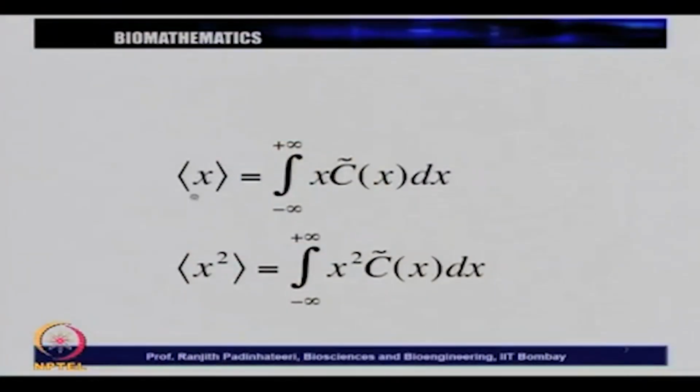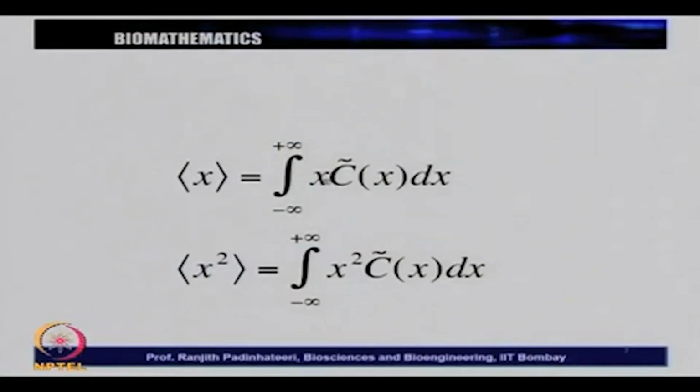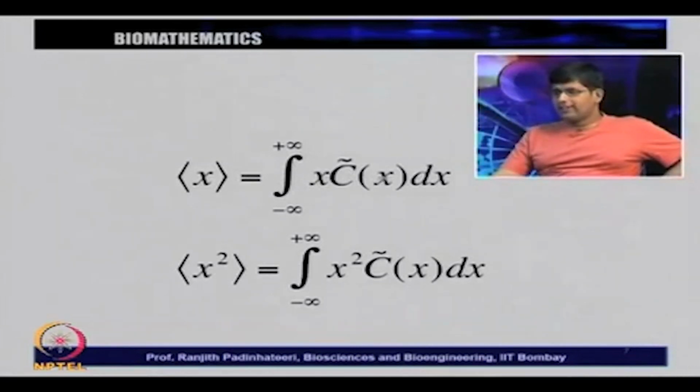Now, let us look at a few properties that we defined last time. We defined x average. So, here x average is the integral of x c tilde of x dx, where c tilde is defined as concentration divided by C t.